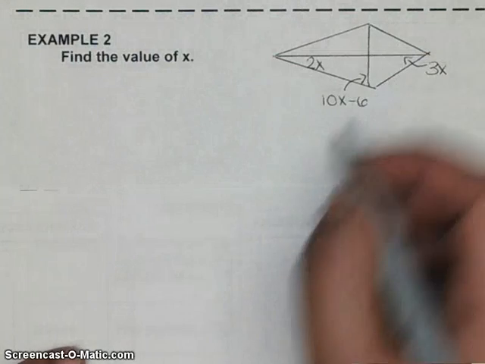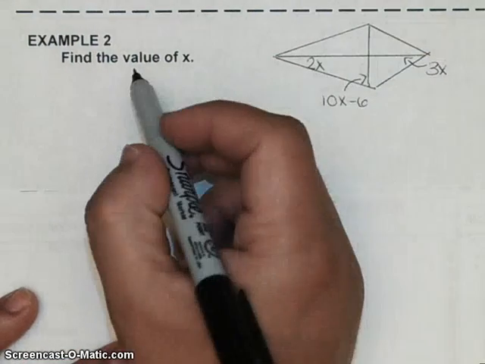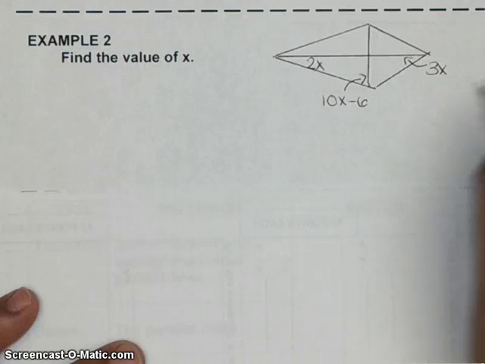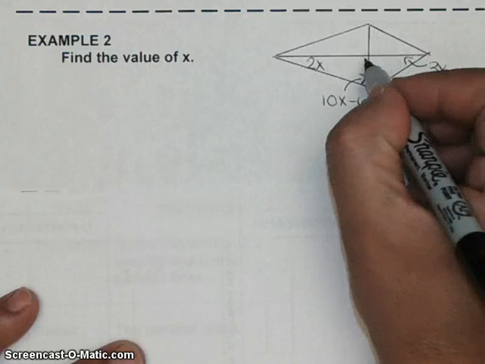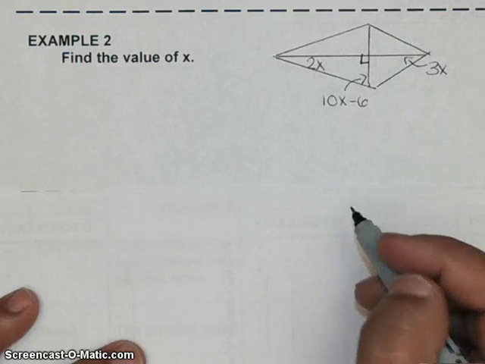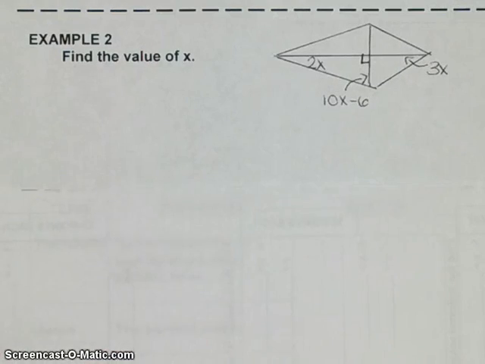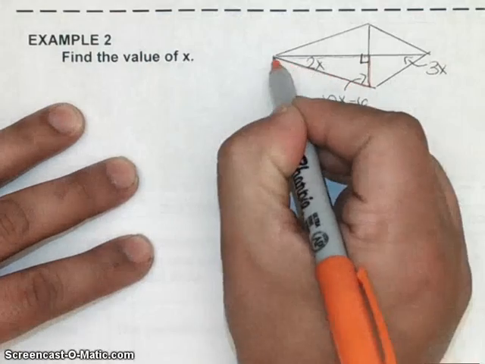Alright, next kite example that we're going to look at says find the value of x. Okay, well, looking at it, there's some information here. I do notice, remember, the diagonals are perpendicular. So for this, I'm going to focus on this smaller triangle here.